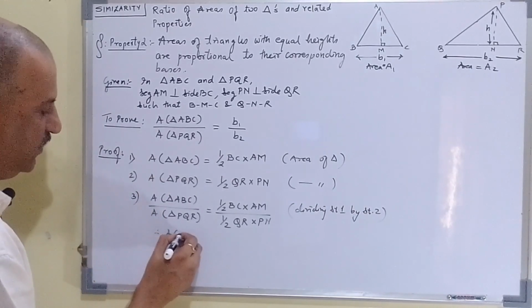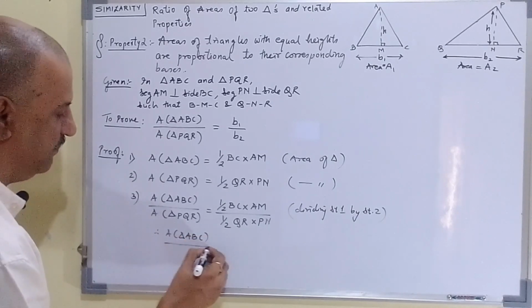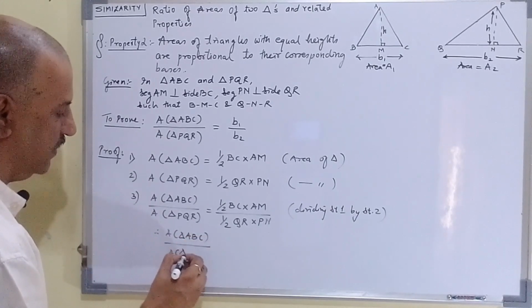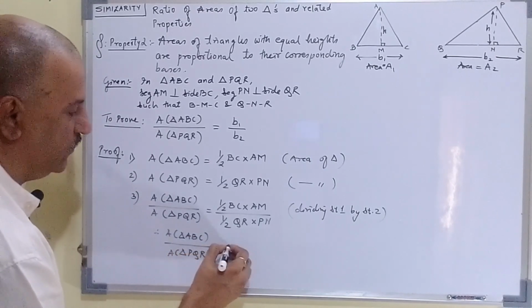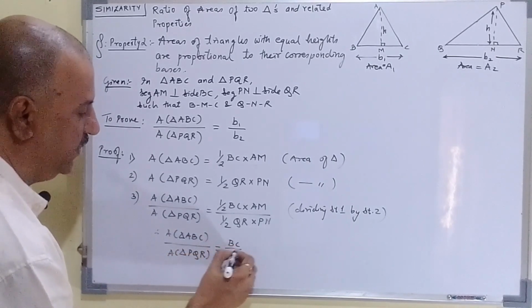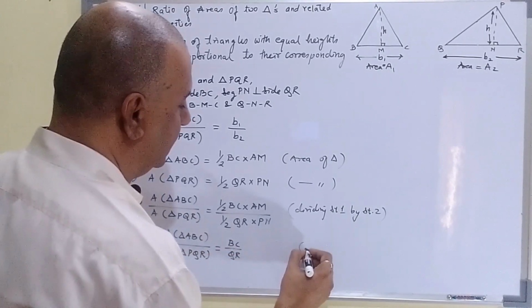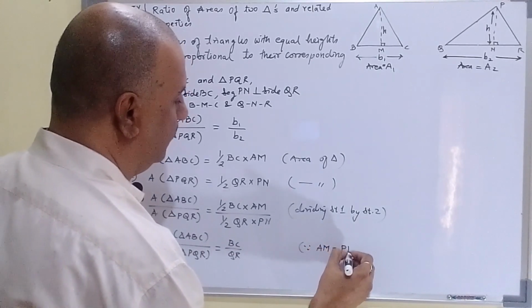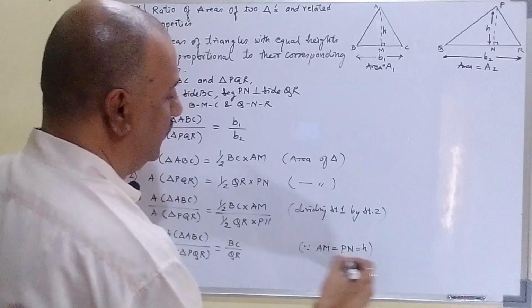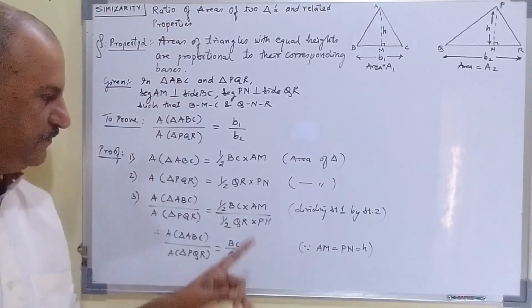Therefore, area of triangle ABC upon area of triangle PQR equal to BC upon QR, since AM equal to PN equal to H. The half gets cancelled out.